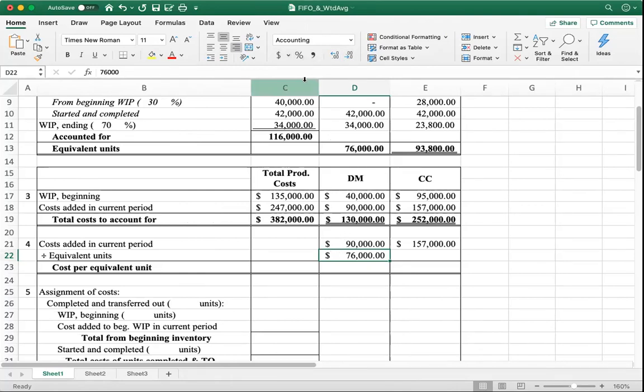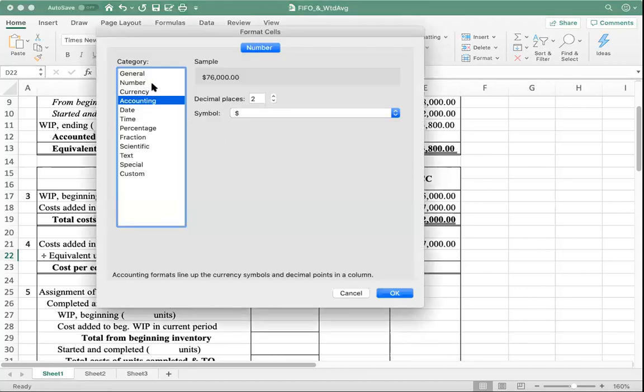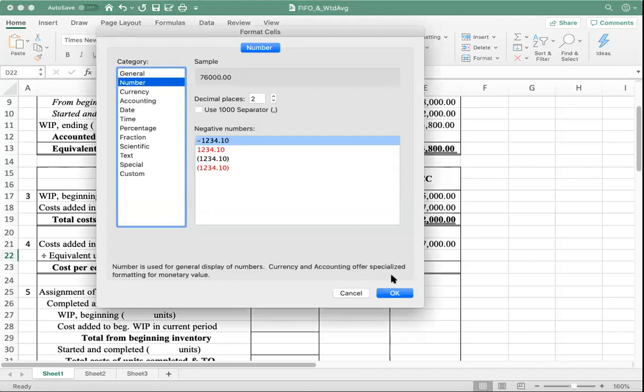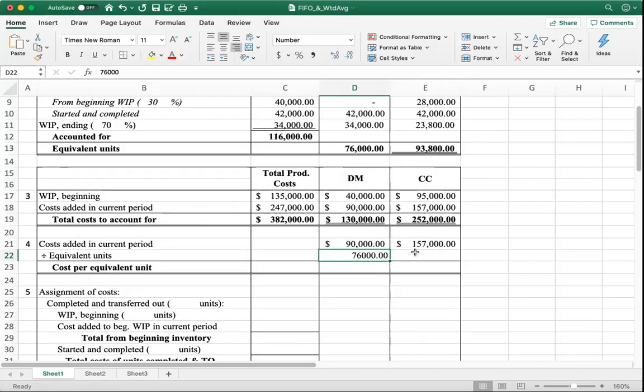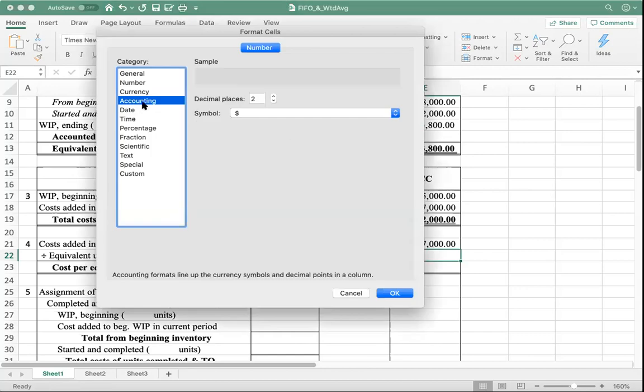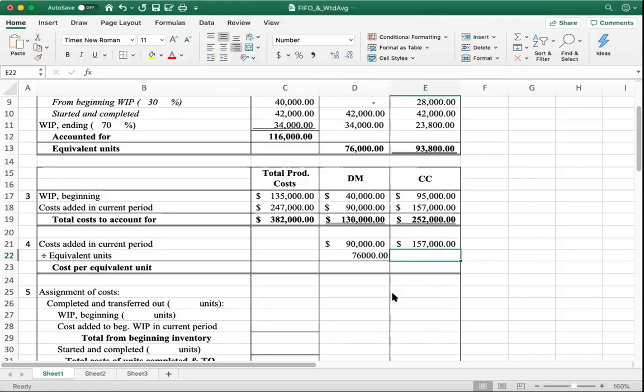This should not be a dollar sign, so let's just make it a regular number. And this is also a regular number, so let's remove the sign from here too.